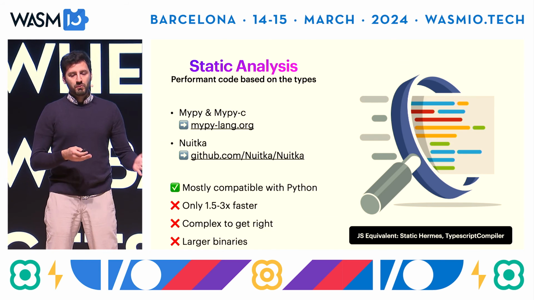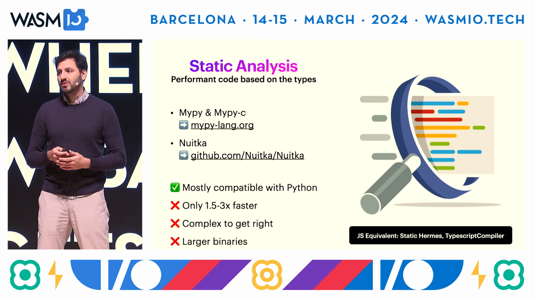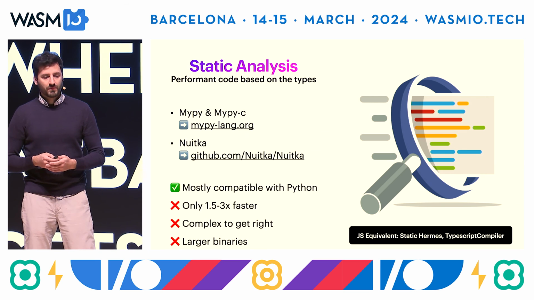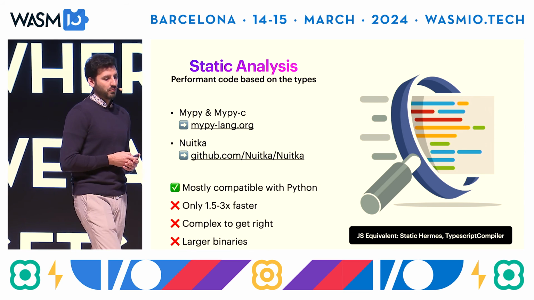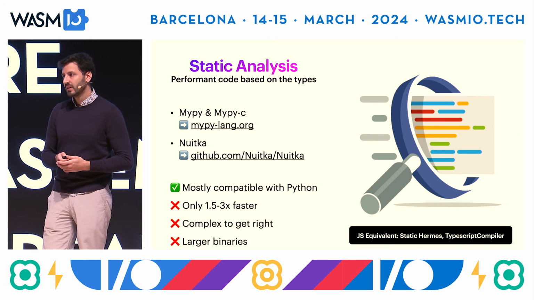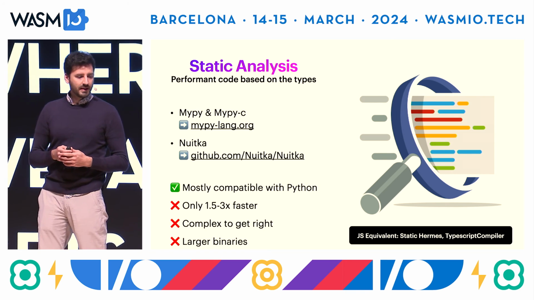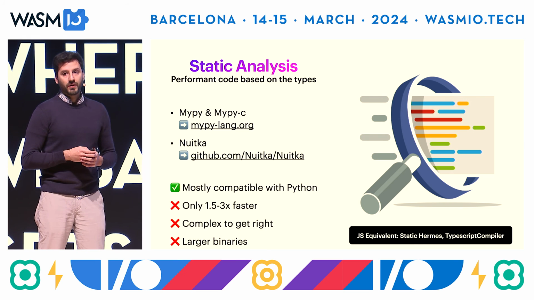With this strategy, our code is going to be mostly compatible with Python, so we don't need to make any adaptations. We can just use the normal Python code that we use. It will only get 1.5 to 3 times faster, so it will not be as fast as the other strategies. And it's very complex to get right.